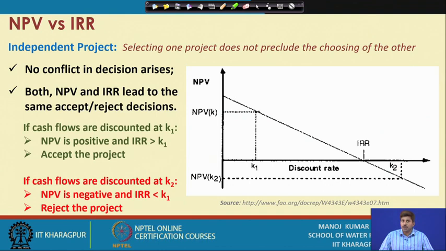One is the independent project, where, if there are multiple projects, they are independent of each other. If I am selecting a particular project A, it does not mean that I cannot select project B also. So, there is a possibility of selecting more than one project, and each project is independent of the others.